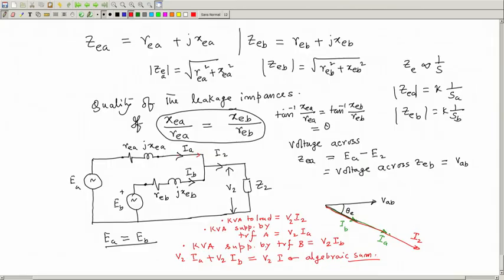For the example we have taken, 6 kVA, 4 kVA and 2 kVA transformers, we have paralleled them. If the leakage impedances of these two are in the ratio 1:2 or 2:1, and the angles of each of these leakage impedances are the same, then your output kVA will also be 6 kVA, and that is the best thing.